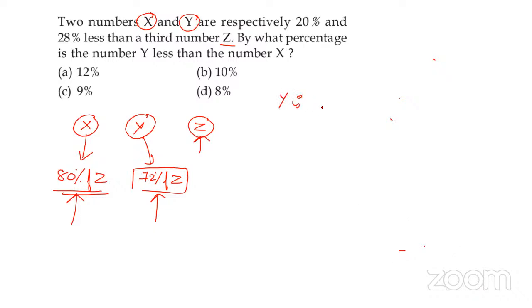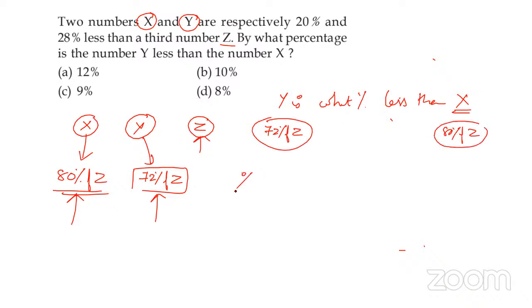Clearly, I know that y is 72% of z and x is 80% of z. So I need to compare these two values. If you remember the formula for percentage less, percentage less is nothing but value less by base value into 100.